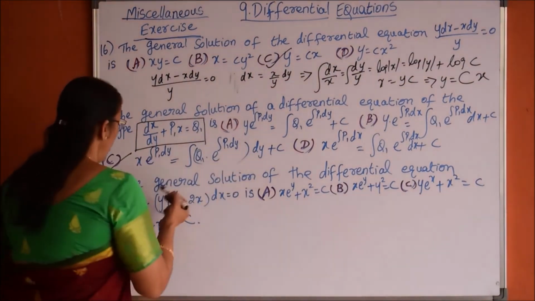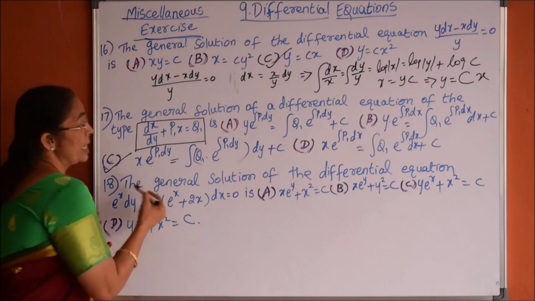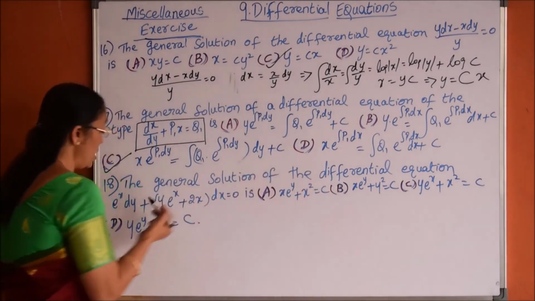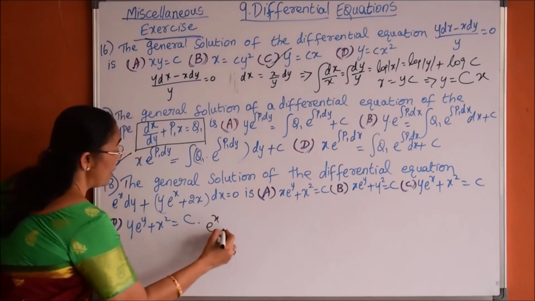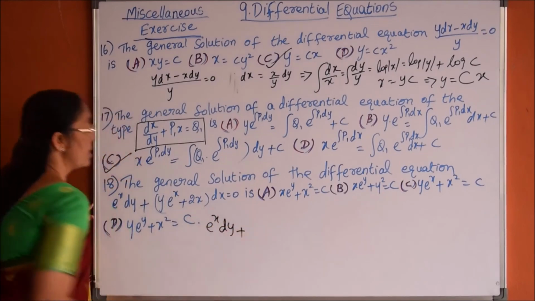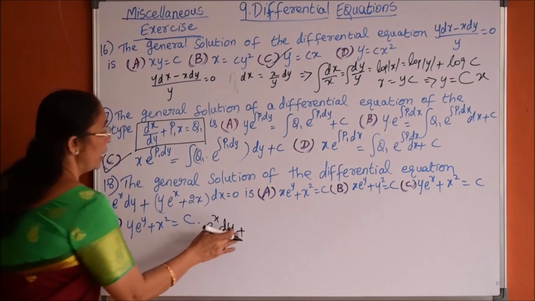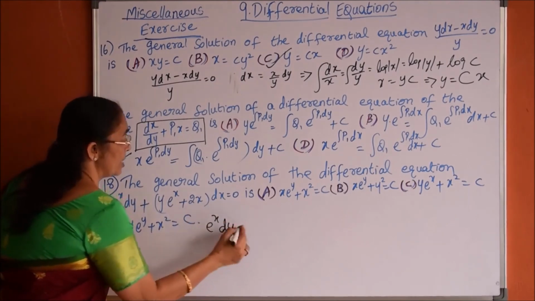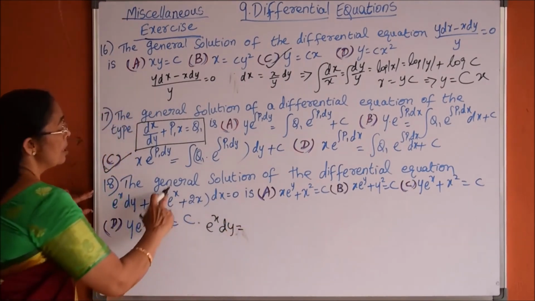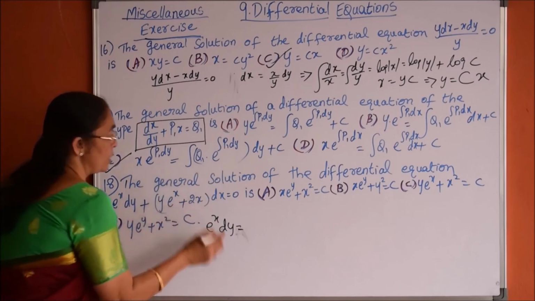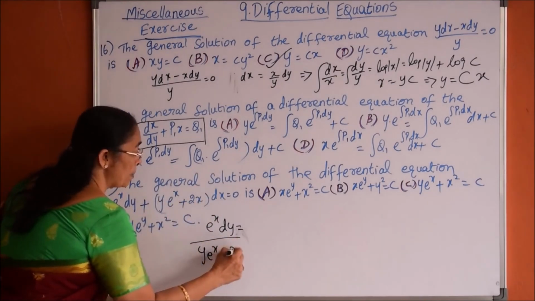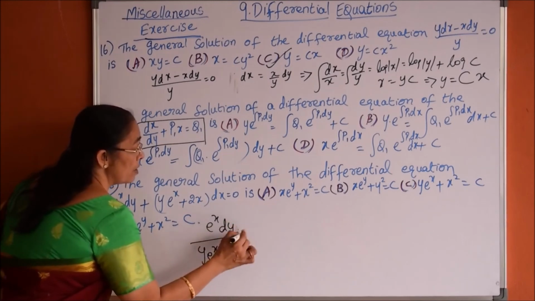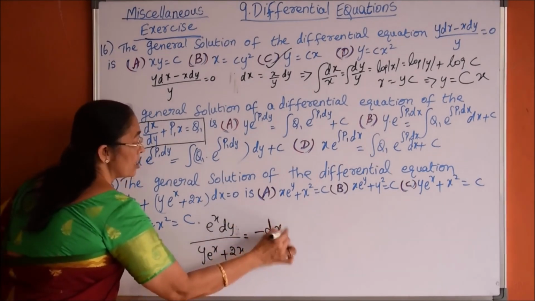Therefore option C. Now 18th problem, the general solution of the differential equation e power x dy plus, let me take to the right hand side first and see, which is equal to minus of (y e power x plus 2x) dx.